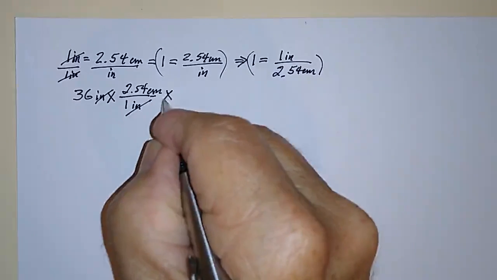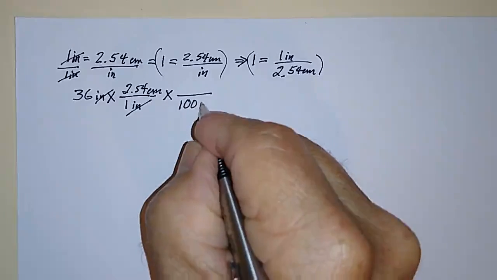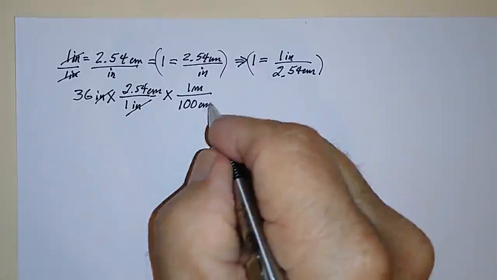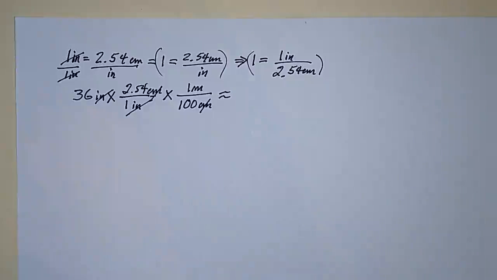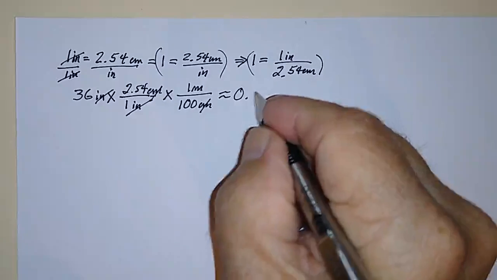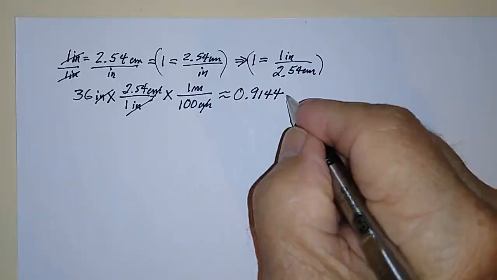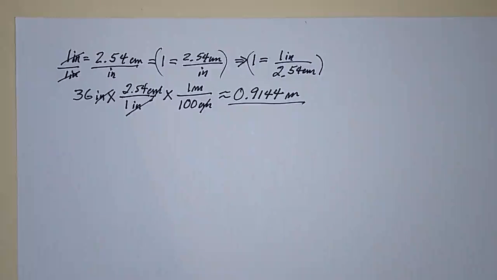And I know that 100 centimeters is equal to 1 meter, and the centimeters cancel out, and that turns out to be 0.9144 meters. So that's an example of how you might make such a conversion.